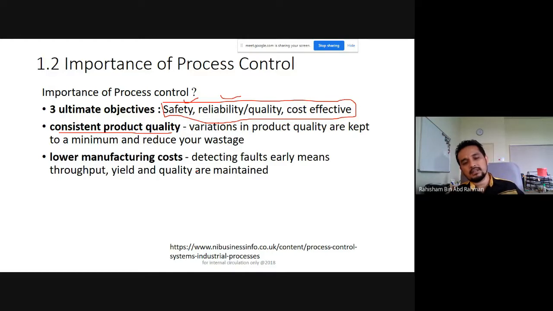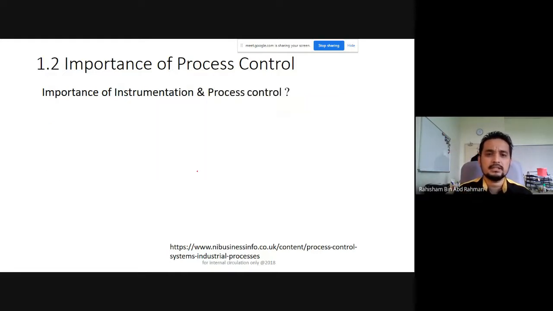Otherwise, if we continue with the same defect product, we will end up with tonnes of defective output, and that will cause big financial damage to the company.